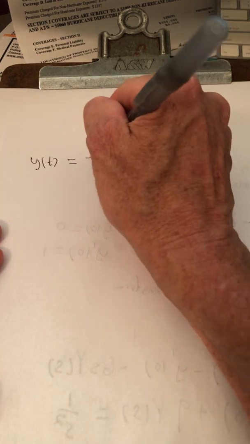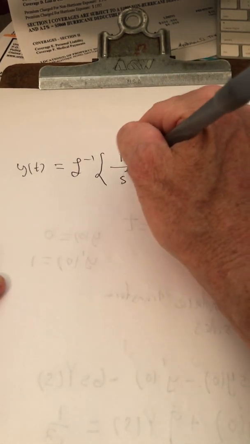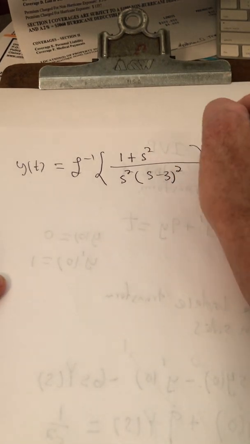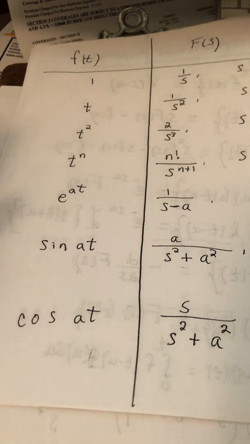Y of t is equal to the inverse Laplace of 1 plus s squared over s squared times s minus 3, the quantity squared. Now, again, this is our table that we're working with.